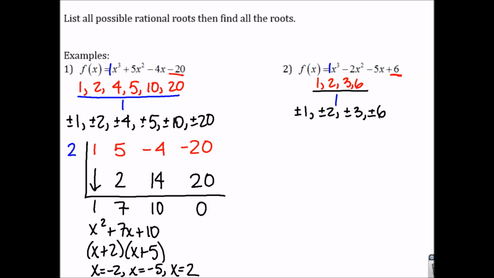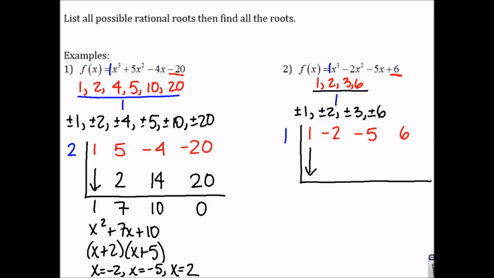So that leaves me with 8 choices. So I'm going to go ahead and set up my synthetic division. My coefficients are 1, -2, -5, and +6. Draw my L. And then I'm going to pick a root to start my synthetic division with. I'm going to pick 1.